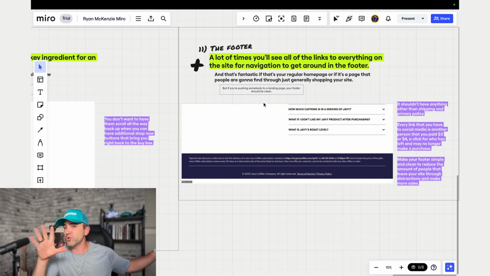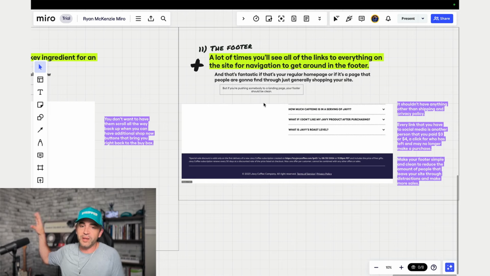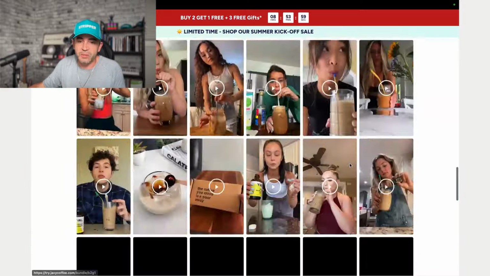If it's general navigation, but when you're paying $2 to $4 a click from Meta or from Google, and you have these links on your footer that a considerable amount of people are going to click through and get distracted and maybe forget about buying, you are lighting money on fire. So having a simple footer is incredibly important.